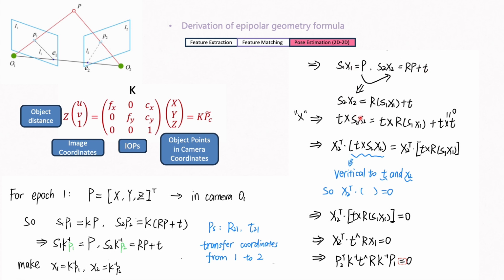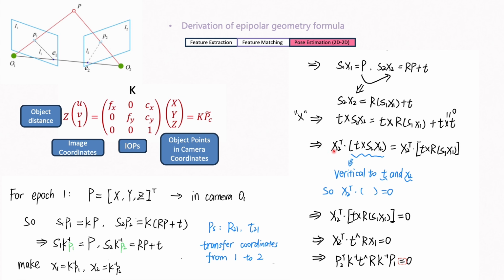We apply the cross product of T on every side of the equation. So T cross T equals 0. T cross T means |T||T| sine theta, right? For the same vector, theta equals 0, so sine theta equals 0, which means the cross product of T with itself is 0.